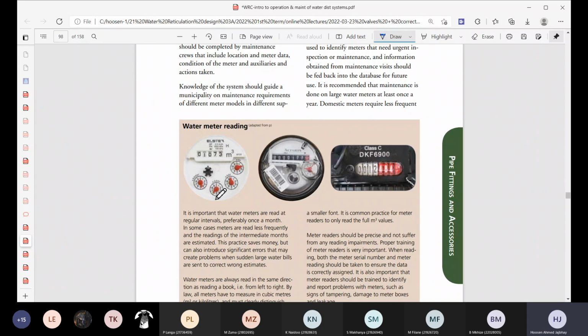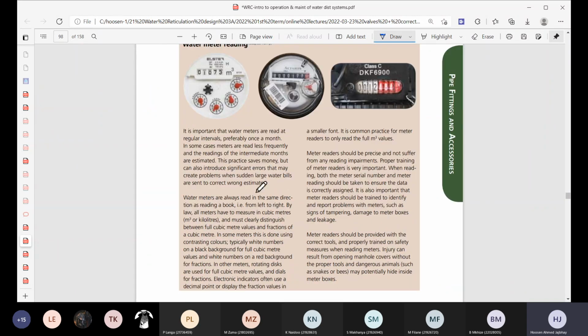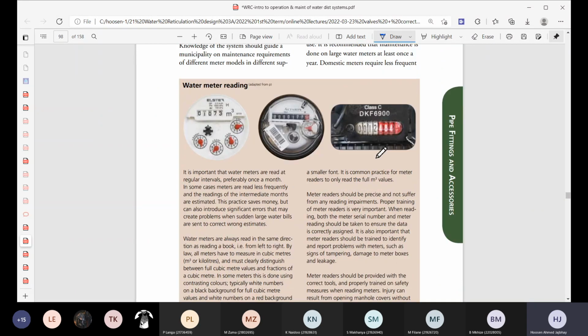There are various meters, depending on how much flow, whether they're meant for domestic purposes or for bulk pipelines, and what they measure. For example, the one that you see on the right-hand side is capable of measuring to 3 decimals. So 3 decimals would be to the nearest liter of water.